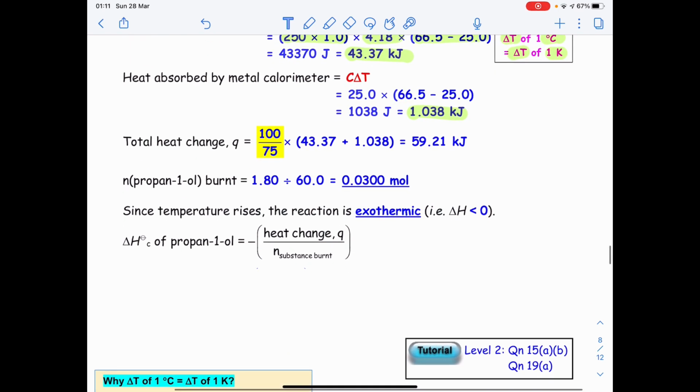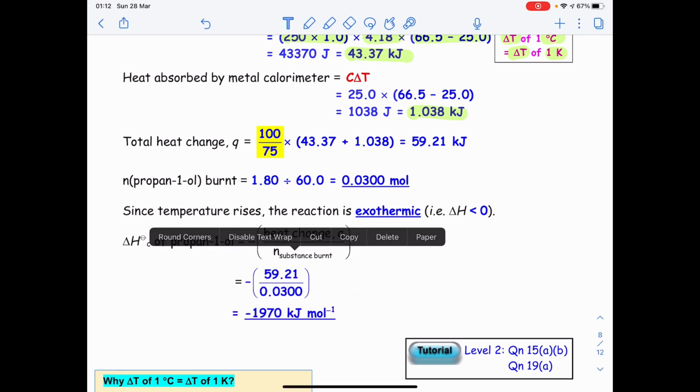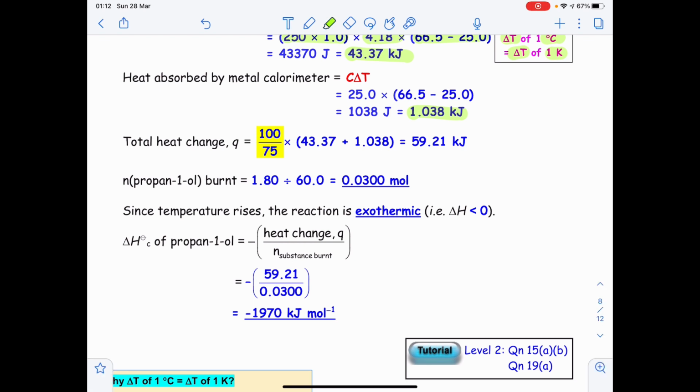So the enthalpy change of combustion of propan-1-ol is equal to minus heat change Q over amount of substance burnt, which is equal to minus 59.21 kilojoules divided by 0.0300 mole of propan-1-ol burnt. So the answer is minus 1970 kilojoules per mole.